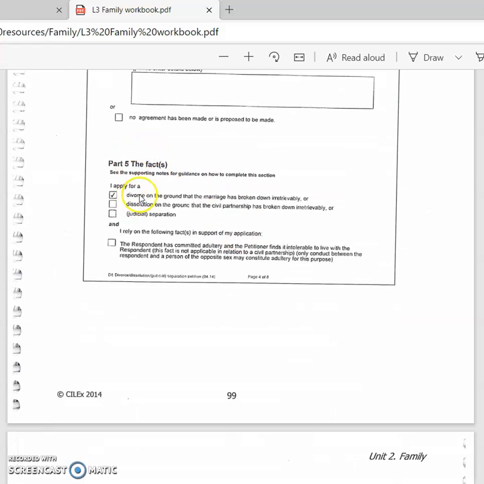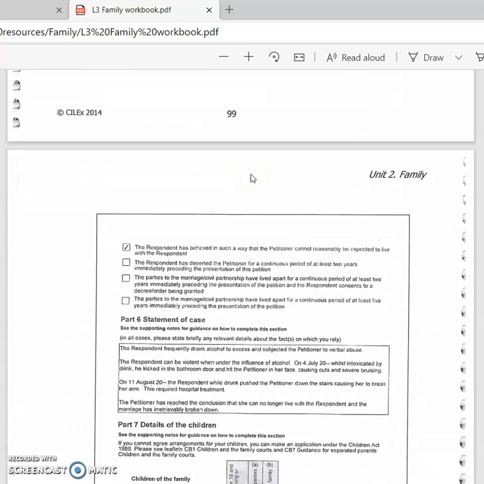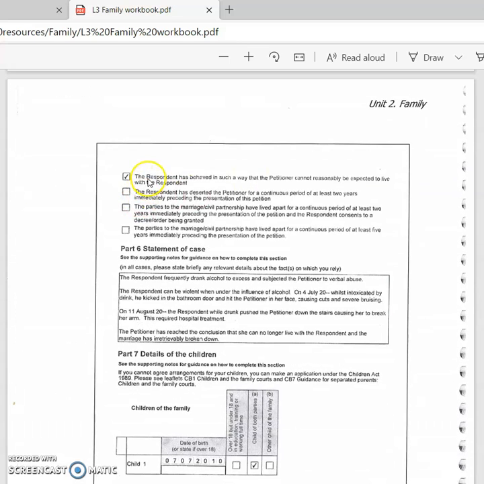Now, she wants to apply for a divorce on the grounds that the marriage has broken down irretrievably. Okay? And the reason is the respondent has behaved in such a way that the petitioner cannot reasonably be expected to live with the respondent. So he's been unreasonable. Okay? And this is the reason why. The respondent frequently drank alcohol to excess and subjected the petitioner to verbal abuse.